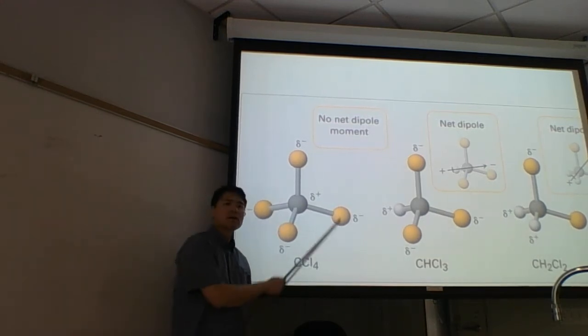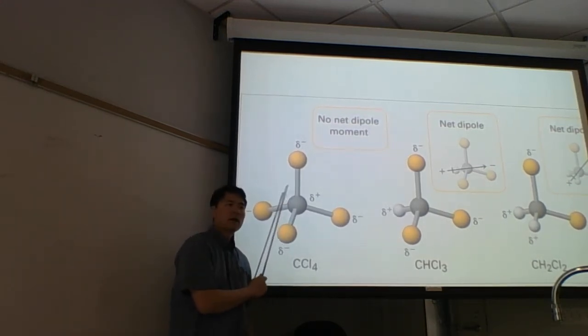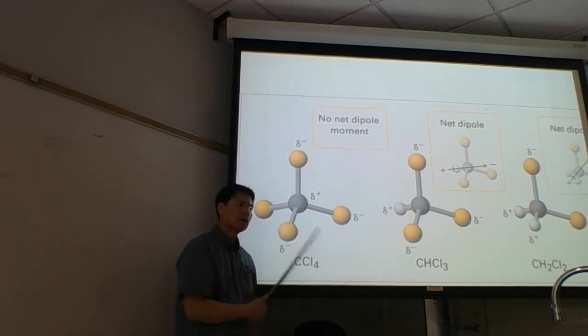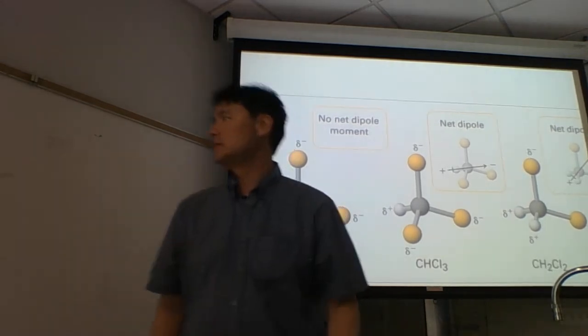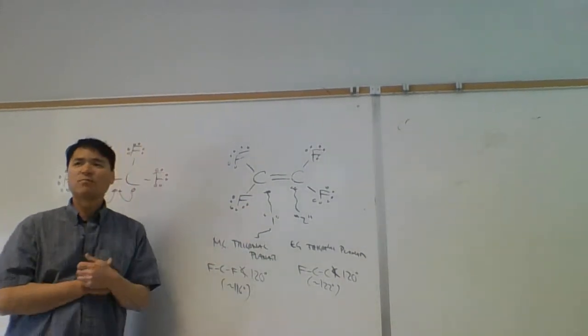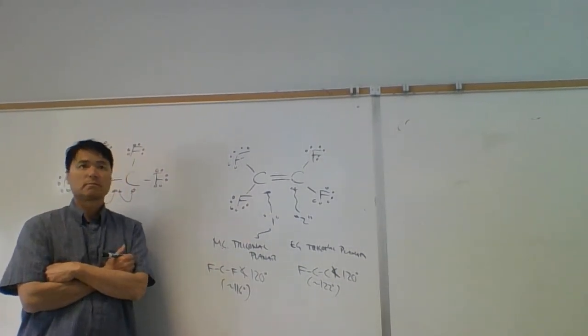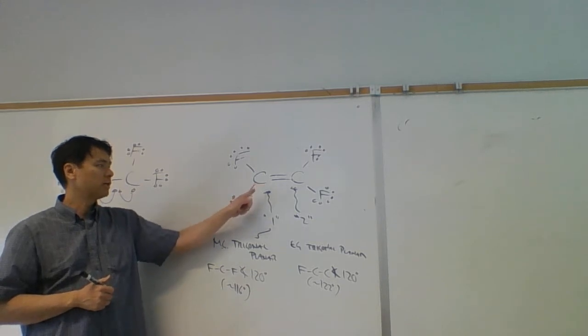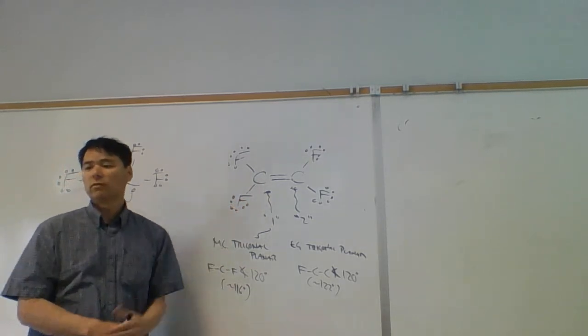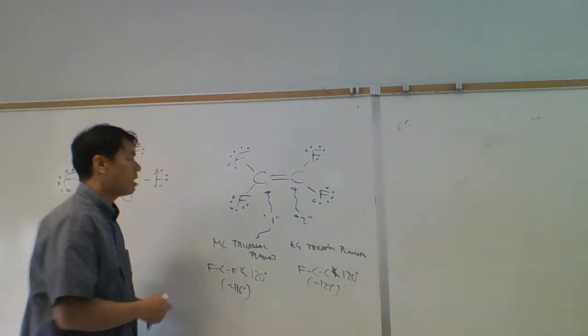However, this molecule is nonpolar. How can we have polar bonds and the molecule be nonpolar? Well, probably the easiest way to see that is like this. Take a look at this molecule here. Does this molecule have polar bonds? Yeah, fluorine, carbon. This is the polar bond here. Fluorine is more powerful than carbon.